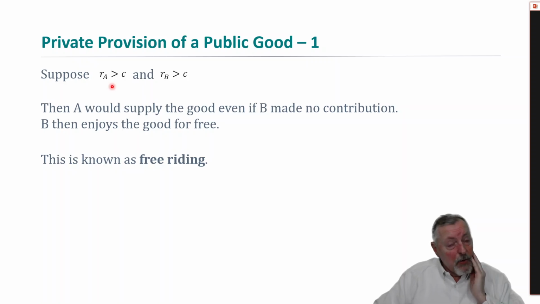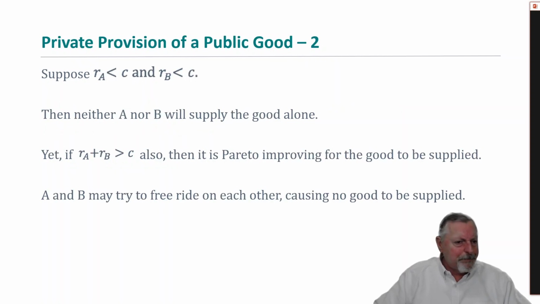I'd be willing to pay the whole thing myself, but I think B might buy it. So I won't. I'll pay nothing and watch the show for free after B buys it. And B would think the same thing. They would each be attempting to free ride on the other. The fireworks show would not be provided, even though it would be efficient to provide it.